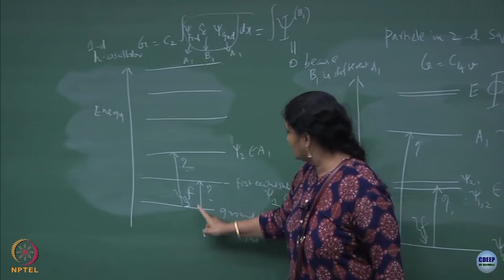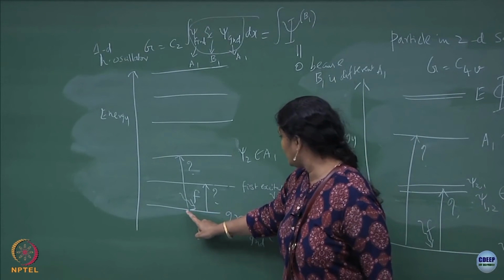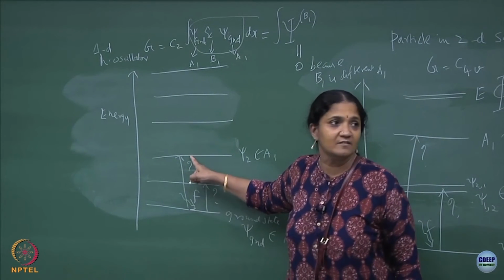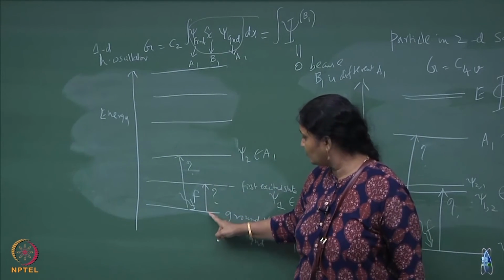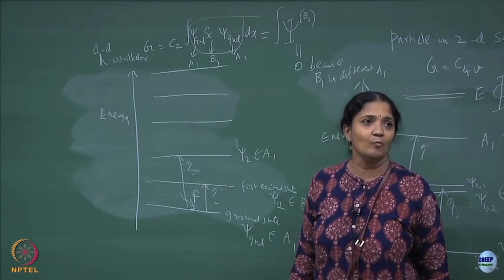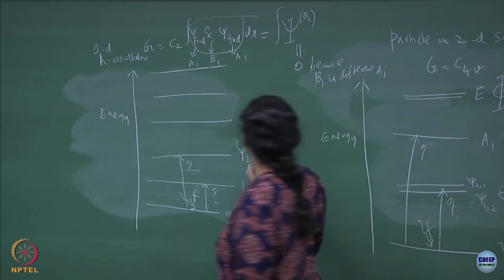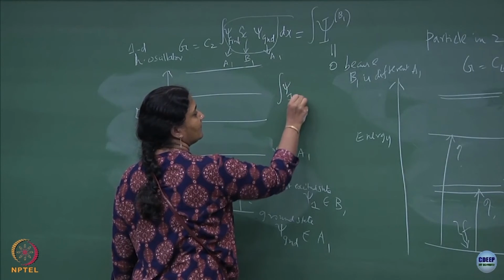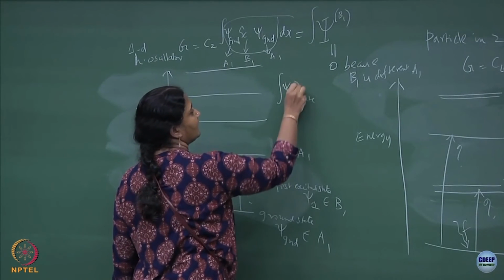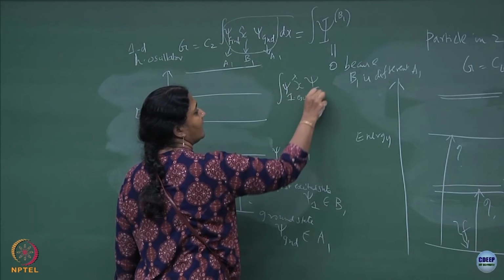Let us do, instead of doing this, we did this for ground state to this excited state, that is 0. What about this one to this one? Can you check what happens there? Suppose I take first excited state, X operator, psi ground.